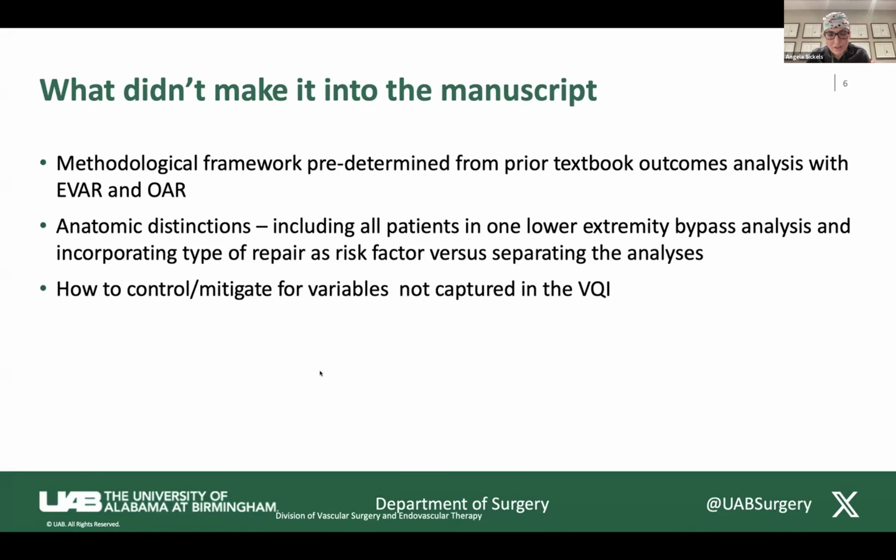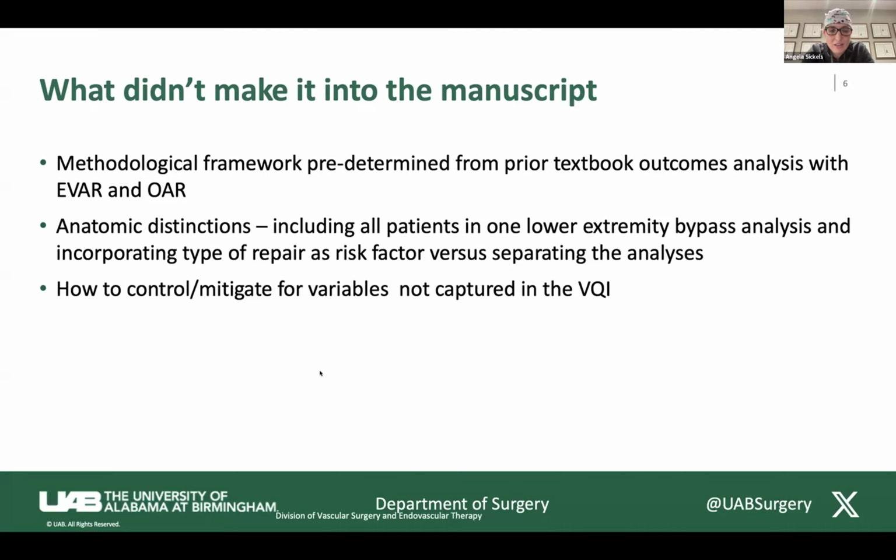And then I think something that I became more aware of as I did this data analysis was there's a lot that the VQI offers in terms of variables characterizing patients' demographics as well as anatomy. There's also a lot that is missing and is not captured.